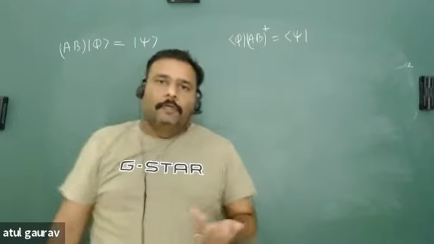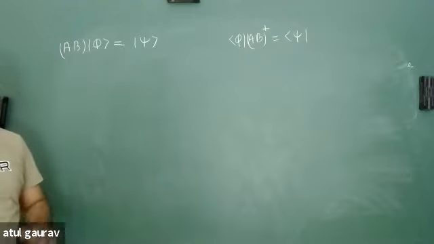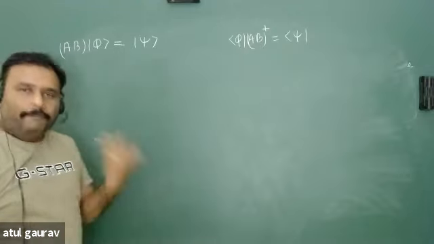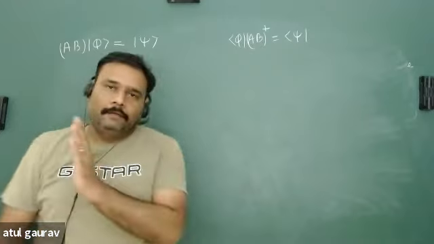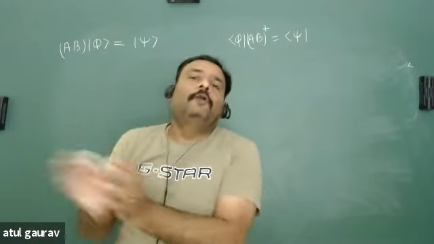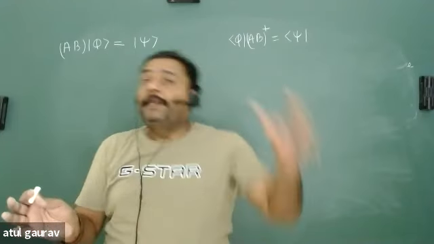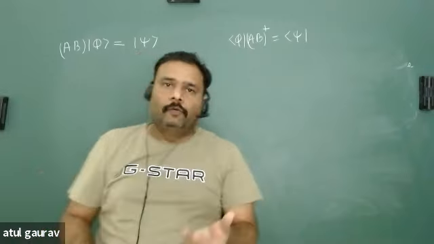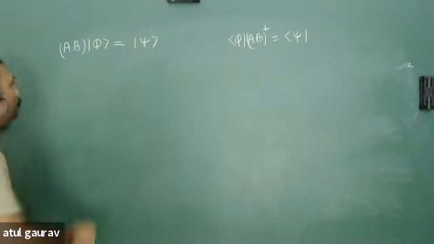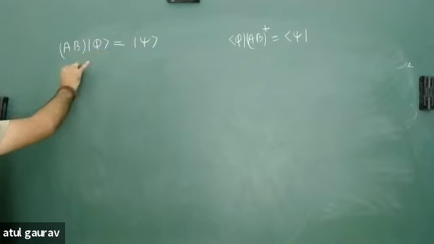But now look at how you will explore all this. How is it going to operate? First B is going to operate on phi and it will give you some buffer, meaning you don't know what it is. And then A will operate on that particular thing. This is the rule we have understood.